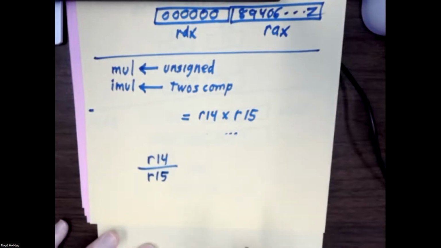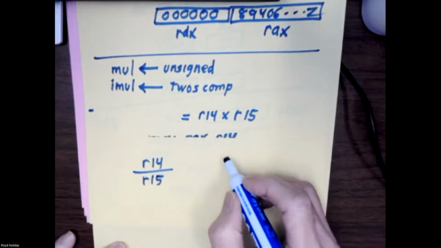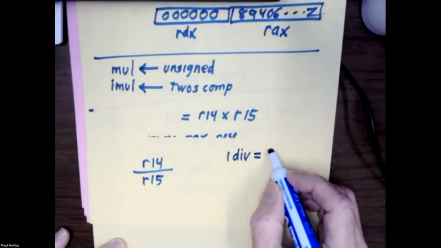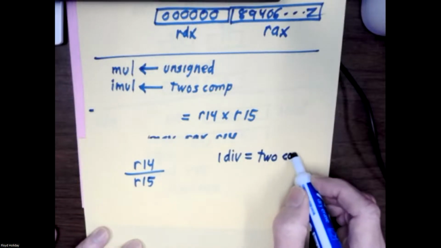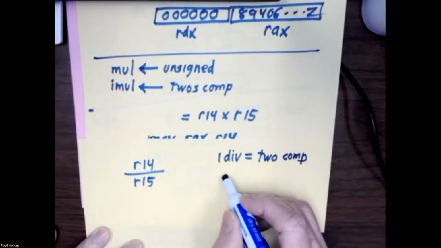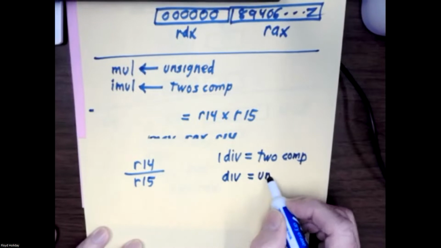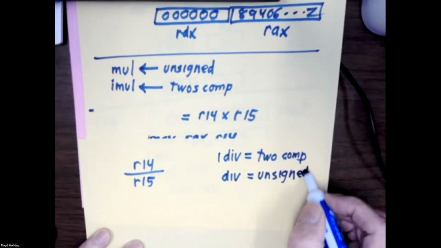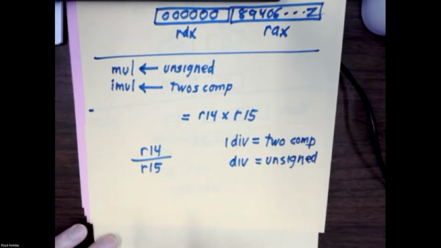They're integers. We're going to use IDIV. That's the one you use for 2's complement integers. You use DIV all by itself if it's unsigned. Okay, so we're going to use IDIV. There's a sign in either one of these two, and we want to do this division.